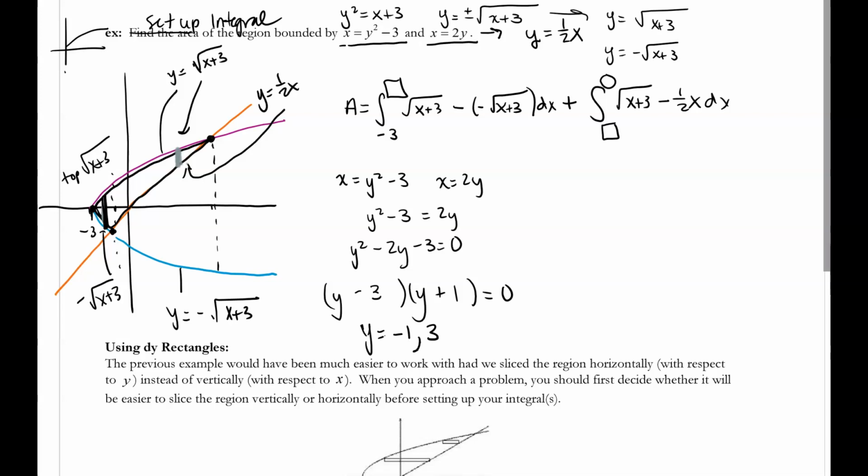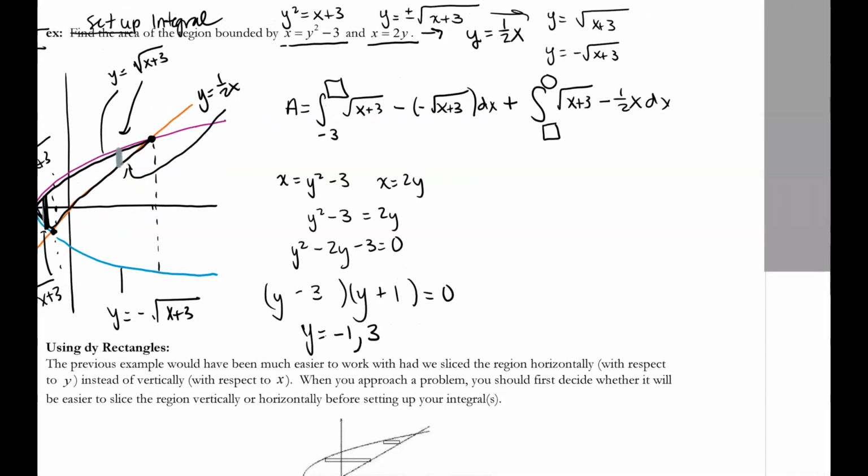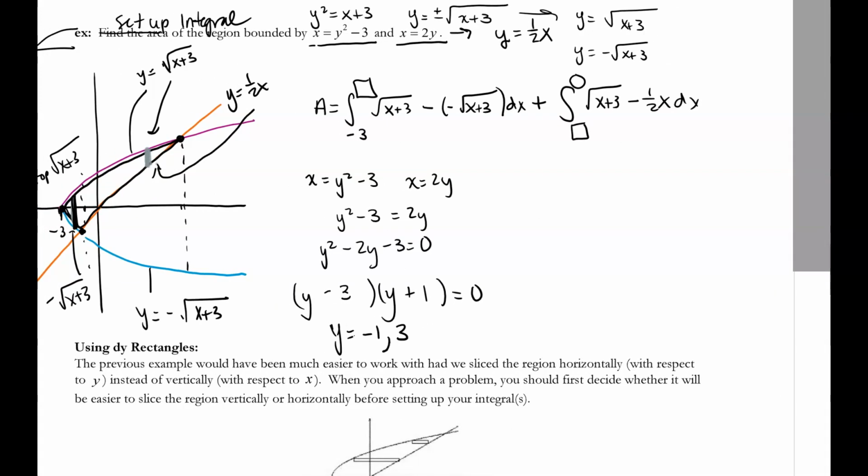But we don't want to know what y is equal to, we want to know what x is equal to. So we could plug that into any of those original functions. I would use the linear one. So if x is 2y, I need both of those x values.